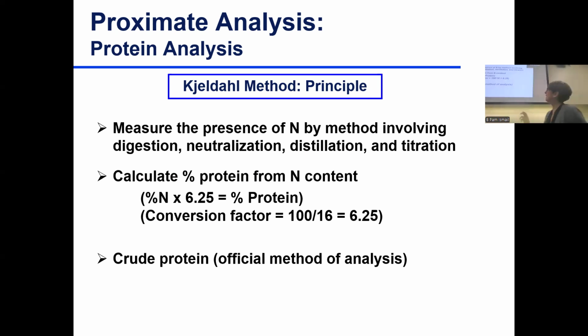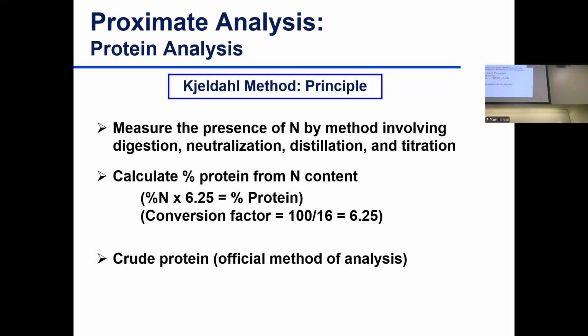So it is a chemical reaction, really, and it involves three major steps. First of all, we digest with acid. So the first step is digestion. Second is really distillation, but during distillation, neutralization happens. So the acid we neutralize with a base, but really the base we use is in the distillation step. And last is the titration.